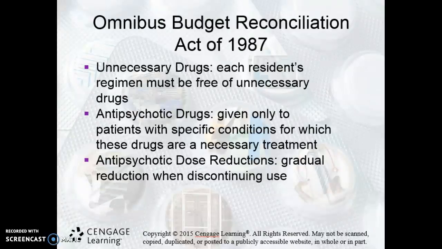Then we also have what's called the Omnibus Budget Reconciliation Act of 1987. And so what this is, it's got a lot of moving parts to it. But one of the biggest parts of it is looking for any kind of unnecessary drugs. And when we think of unnecessary drugs, especially in a nursing home facility, it is antipsychotic drugs. Unfortunately, years and years ago, a lot of times what would happen was, doctors, nurses would put a standing order in a patient's chart for them to have some sort of antipsychotic medication.